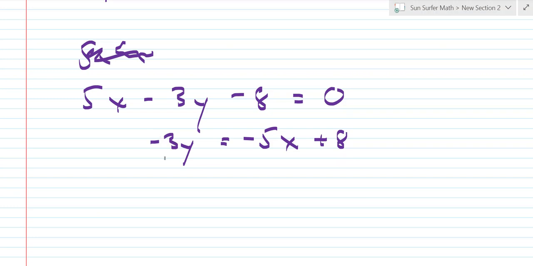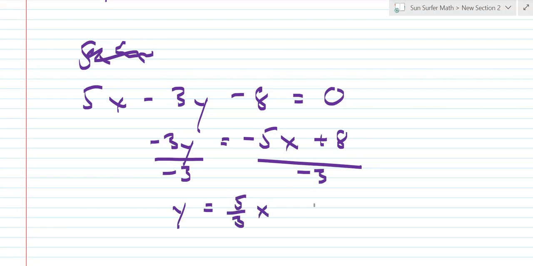Now we have a negative 3y here, so divide both sides by negative 3, and we end up with a positive y is equal to, now negative 5 divided by negative 3 is a positive 5/3 times x, and 8 divided by negative 3 would be a minus 8/3. And there we have it. Our slope is 5/3, or our rate of change is 5/3, and our y-intercept, or our initial condition, is negative 8/3.